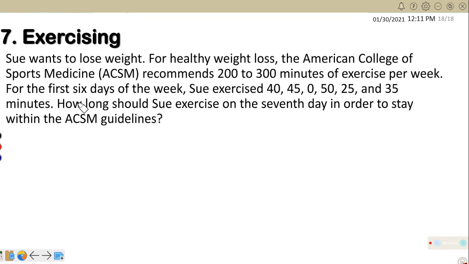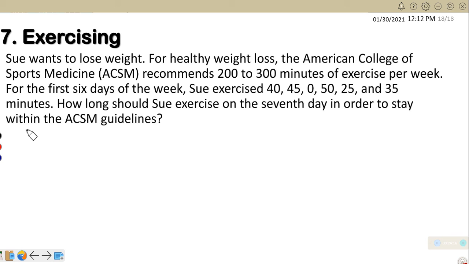For healthy weight loss, the American College of Sports Medicine (ACSM) recommends 200 to 300 minutes of exercise per week. For the first 6 days of the week, Sue exercises 40, 45, 0, 50, 25, and 35 minutes. How long should Sue exercise on the 7th day in order to stay within the ACSM guidelines?